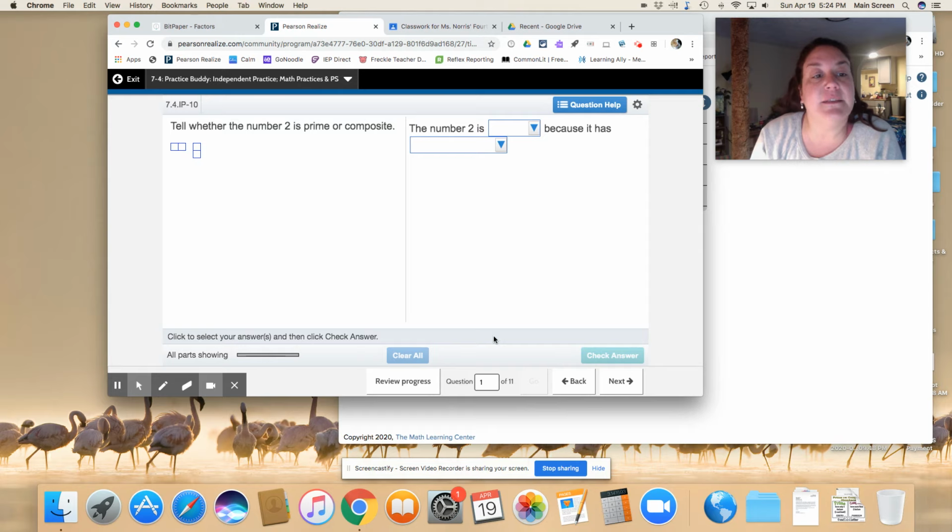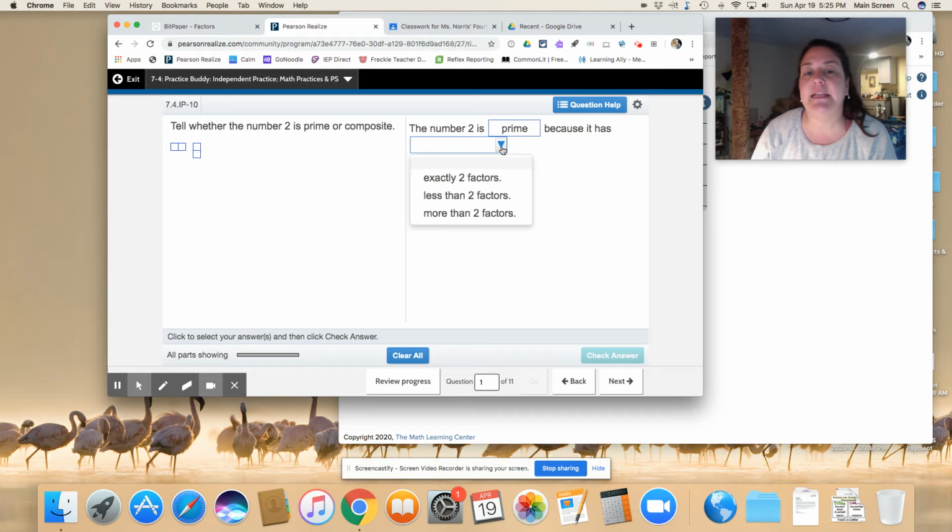It says, tell whether the number 2 is prime or composite. Well, you should have completed your 100s chart that shows what numbers are prime and what numbers are composite. So you should know that 2 is a prime number. It's going to say the number 2 is, and then you have to decide, is it composite or prime? We know that 2 is prime because it has exactly 2 factors, less than 2 factors, or more than 2 factors.